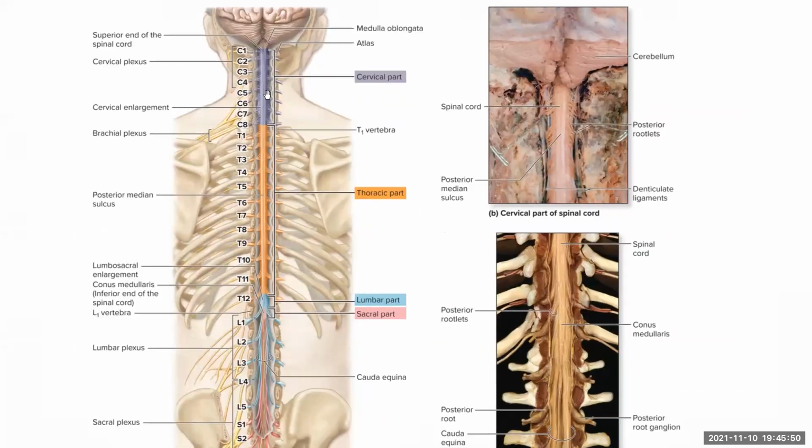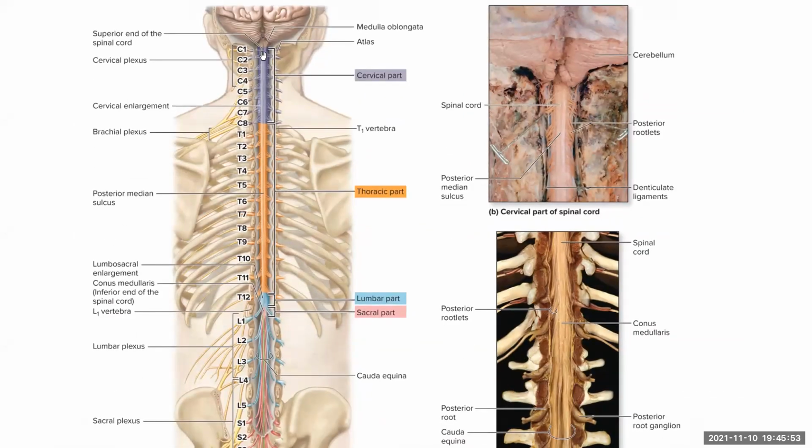Our spinal cord descends inferiorly off of the brainstem, inferior to the medulla oblongata, travels down through the vertebral canal, and it will end here at the L1 vertebral body. And from that point on, you'll see those spinal nerve roots just hanging down, and that's called the cauda equina. And then the actual tip of the spinal cord is known as the conus medullaris.